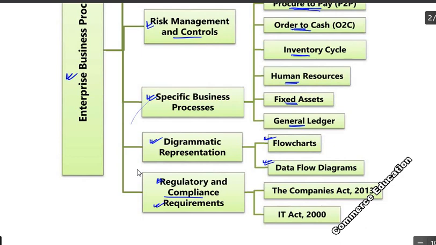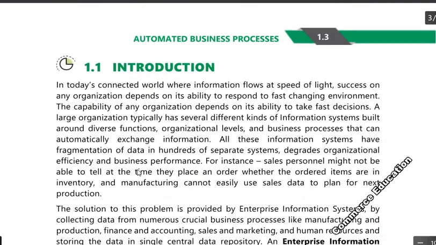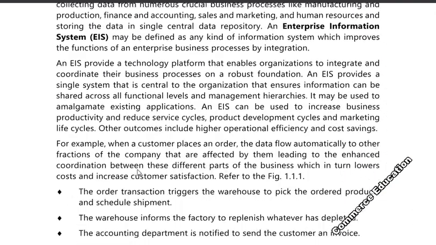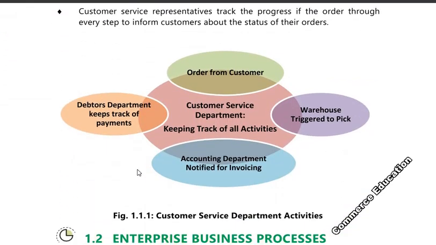We have to study these regulatory and compliance requirements as per Companies Act, as per IT Act, in relation to enterprise business processes. So this is about the chapter overview. Now we are moving forward to the exam oriented part.